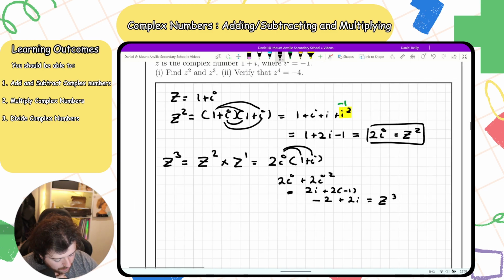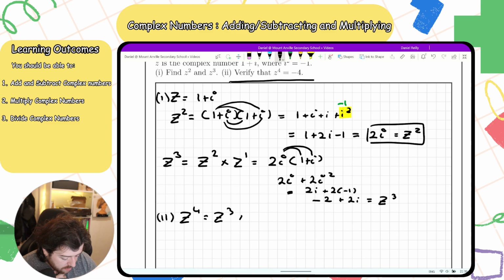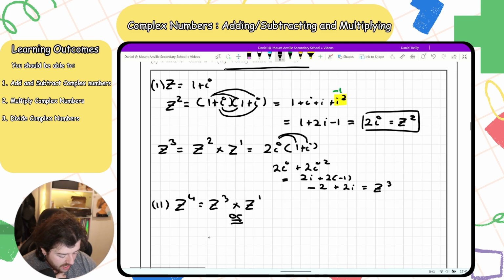So, part 1 done. Part 2 is telling me verify z to the power of 4 is equal to minus 4. So, what we could do here is, I know z to the 4 is equal to z cubed times z to the power of 1. Or, the easier option here is that's the same as z to the power of 2 times z to the power of 2.